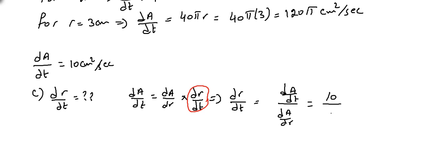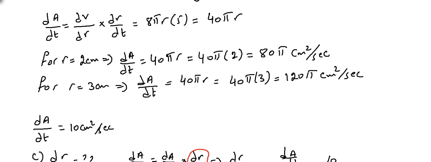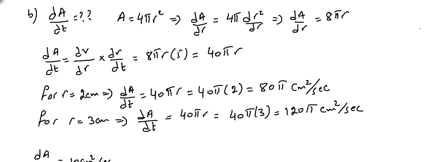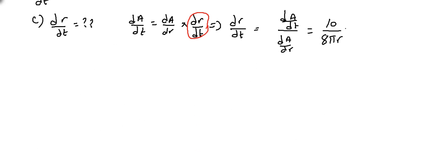What is dA/dr? It's 8 pi r, and we found it. 10 divided by 2 is 5, 8 divided by 2 is 4. So it's 5 over 4 pi r. And that's it. We don't have to change r here.